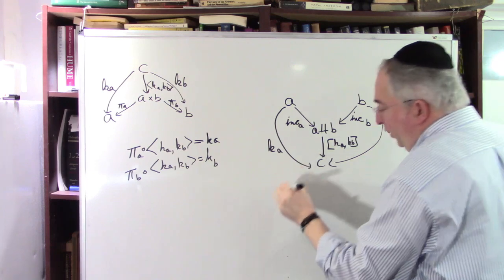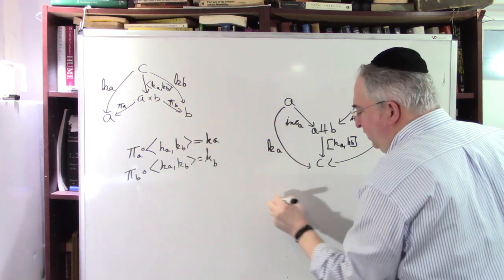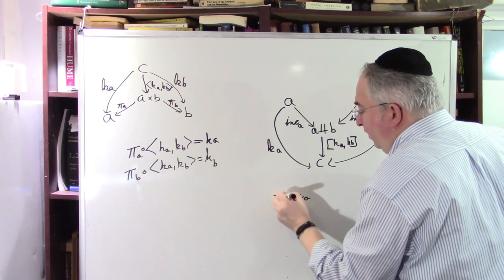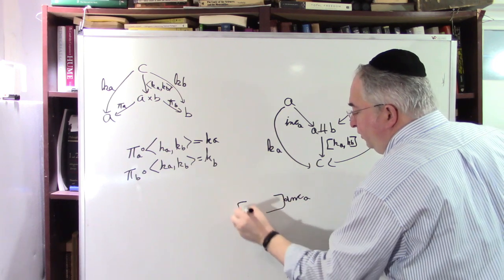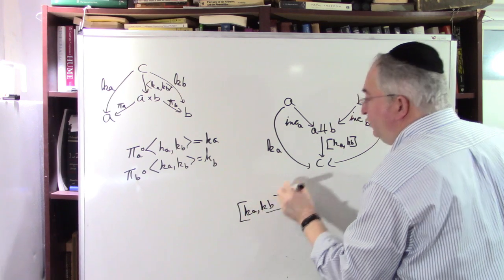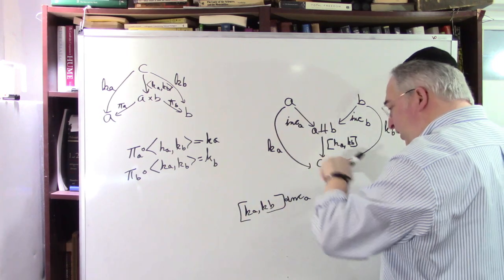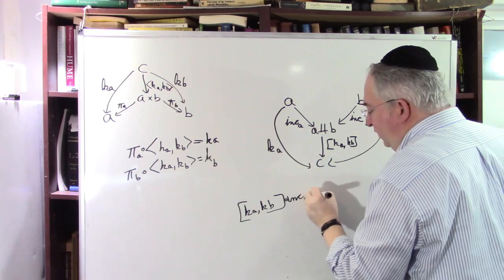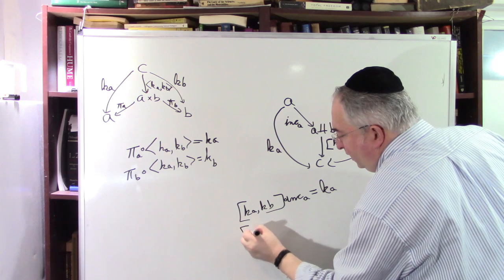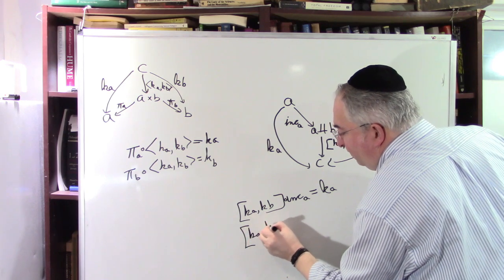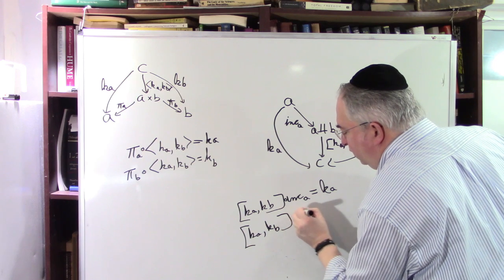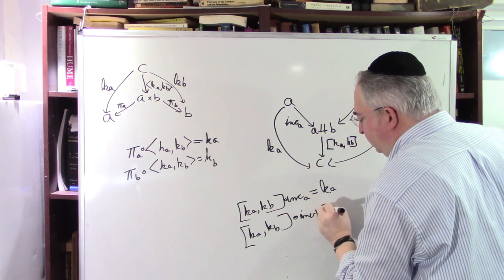What it means is similar to this: if we do the inclusion of A composed with the copairing KA comma KB, it equals KA. And the copairing KA comma KB composed with the inclusion of B is equal to KB.